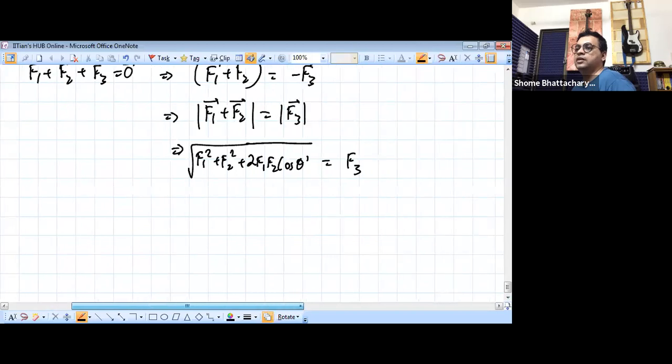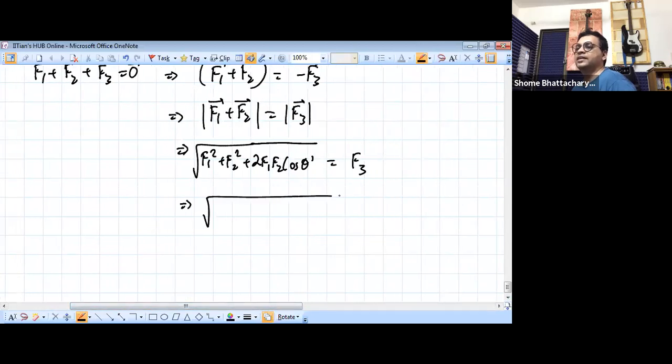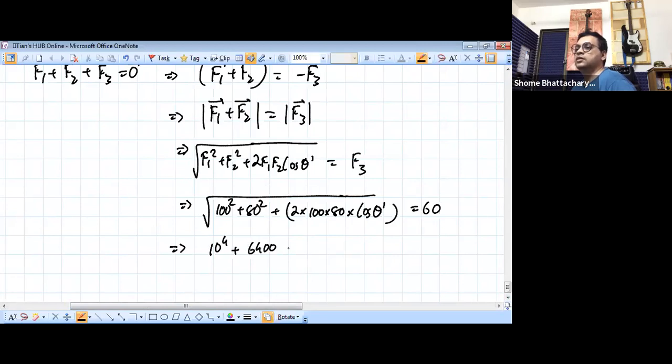So now substitute the values. Remember F1 and F2 were 100 and 80 respectively. So 100 square plus 80 square plus 2 into 100 into 80 into cos of theta prime. On the other side comes 60. Now square both the sides. So 10 raised power 4 plus 6400 plus 16,000 cos theta is equal to 3600. So we can take some terms common.